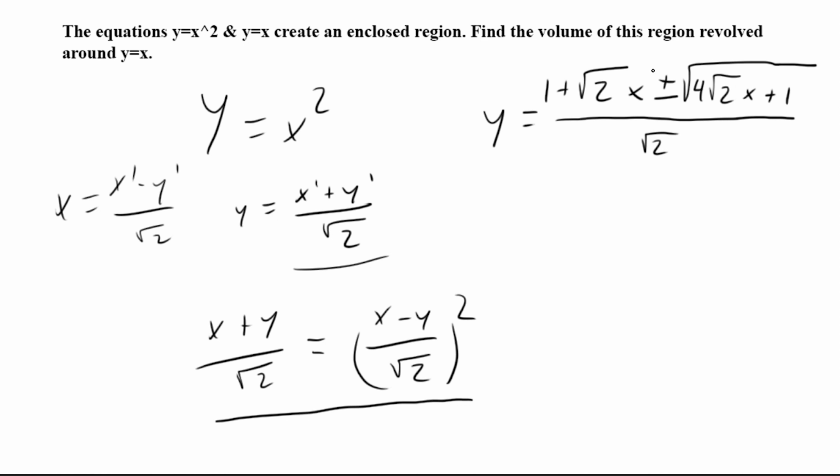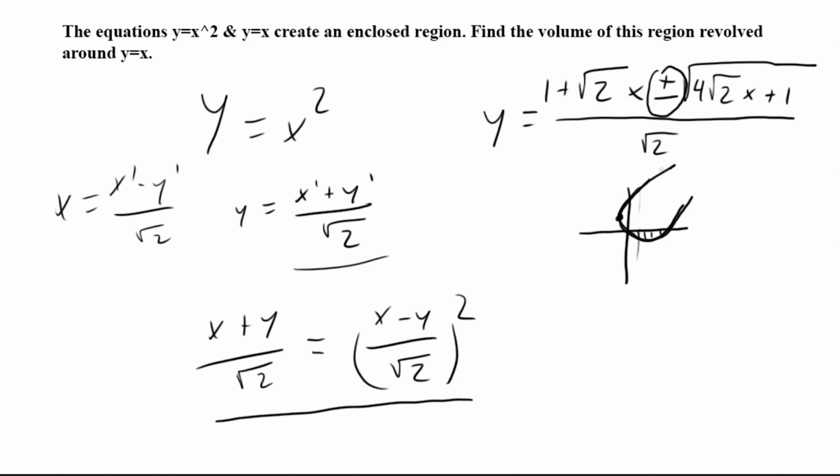And clearly you can notice that we have this plus or minus here. So when we graph this equation, it will look something like this parabola. I'm not very good at drawing these, but here is the desired region. However, you can tell that this is not a function because it doesn't pass the vertical line test. And so the plus or minus comes in here.